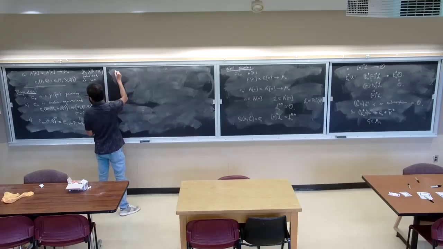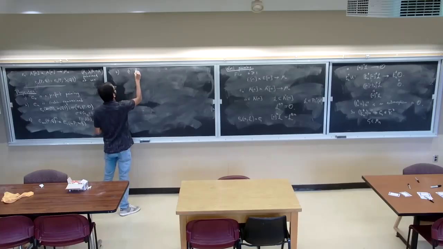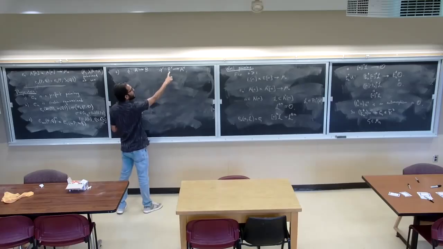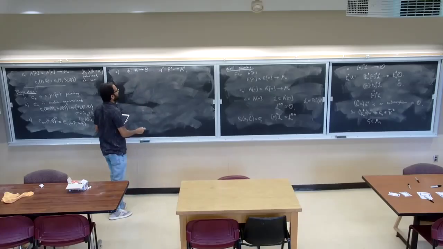It's also compatible with isogenies. So if you have an isogeny between two abelian varieties A and B, you have a dual isogeny. If you think of points here as line bundles, the dual isogeny is obtained by pulling back line bundles.